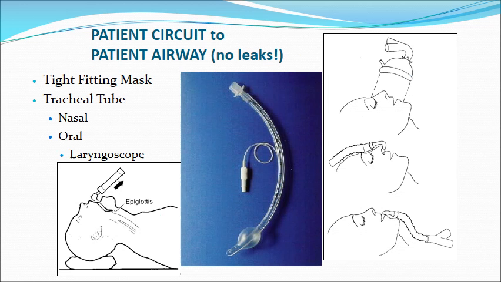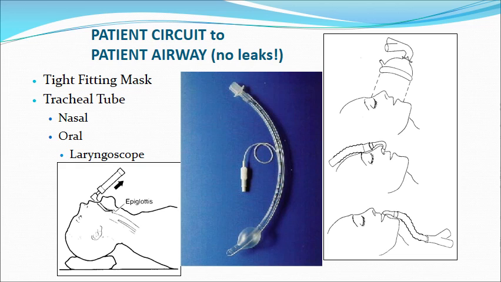If our goal is to inflate the lungs with positive pressure, like balloons, we need an airtight path from the ventilator into the lungs. So we have the patient circuit, which goes to the Y connector from the ventilator. From the Y connector into the lungs, we have three different options.